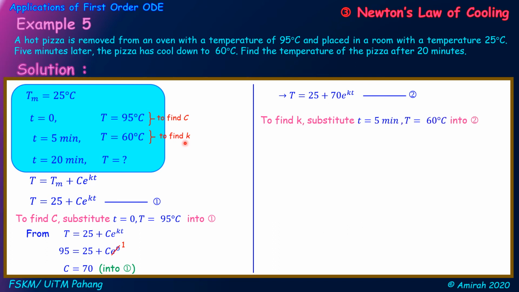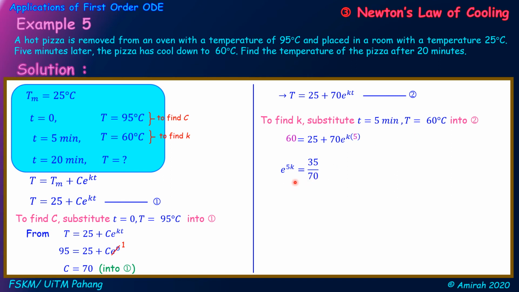Alright, and then to find k, we use the second row. Substitute t equals 5 minutes and temperature equals 60 degrees Celsius into the latest equation, equation 2. Right? So from equation 2, we replace t equals 5 and temperature equals 60.